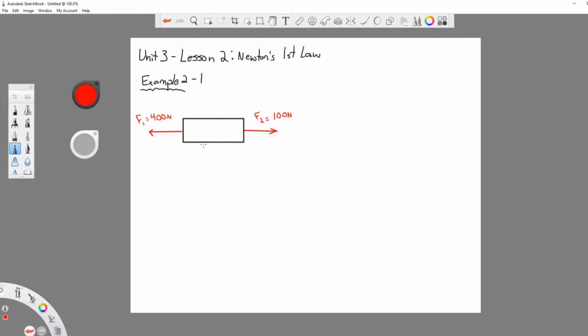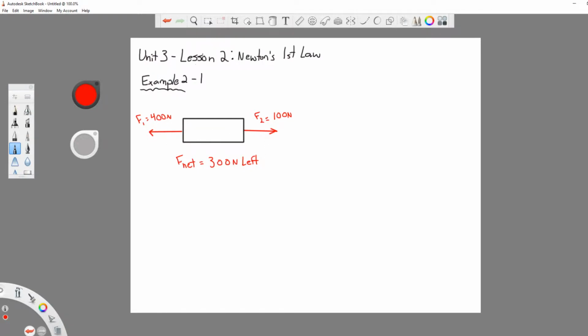And so we can do the net force value of this in our head, right? The force net on this object is equal to, well, 300 newtons left. We don't really need to do any formula work to determine that. The left is pulling harder, so this object will move left.